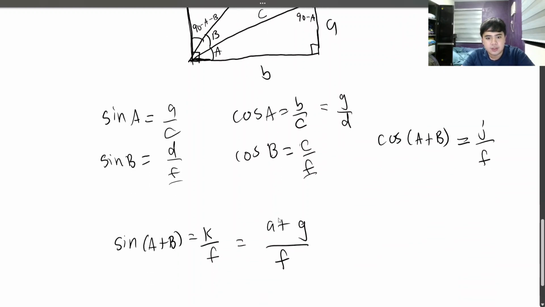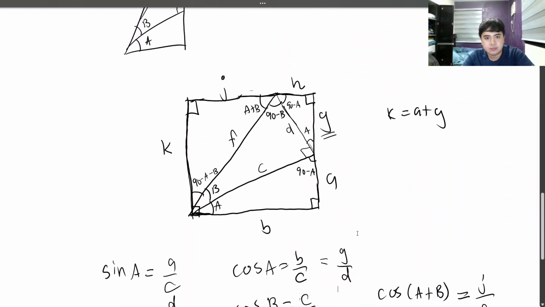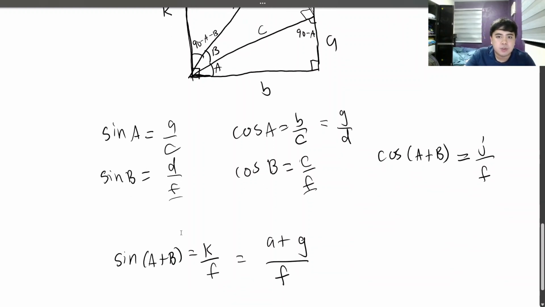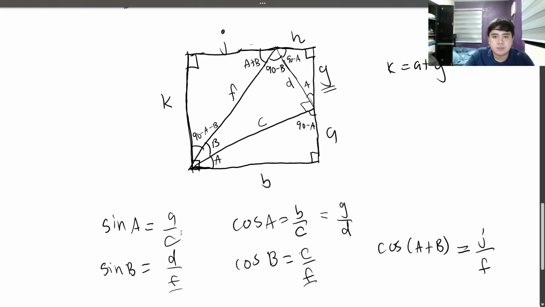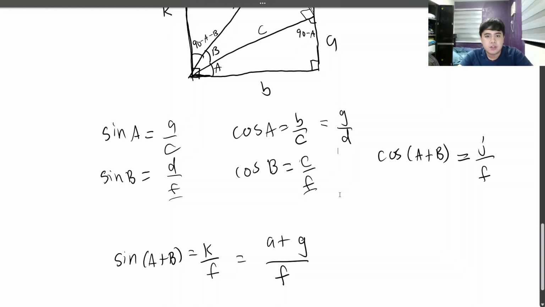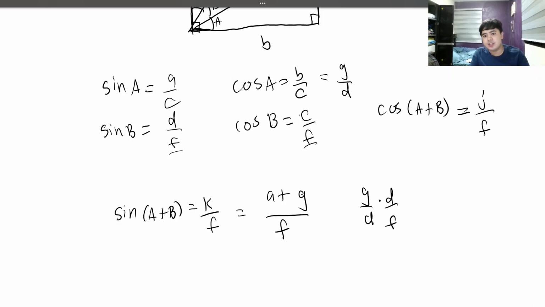So that's one possibility. There's G already in there. What else? Do we have A over F? Where can we find the F? Of course, it's D over F, sine B, and whatnot. Look, so we have G over F, right? We have G over D and D over F. If we cancel D, we get G over F, which is one half of what we need.